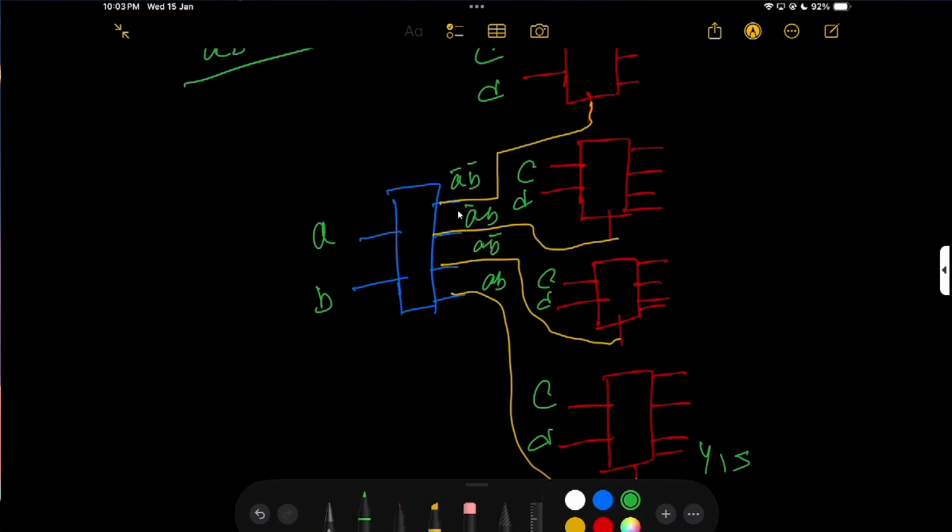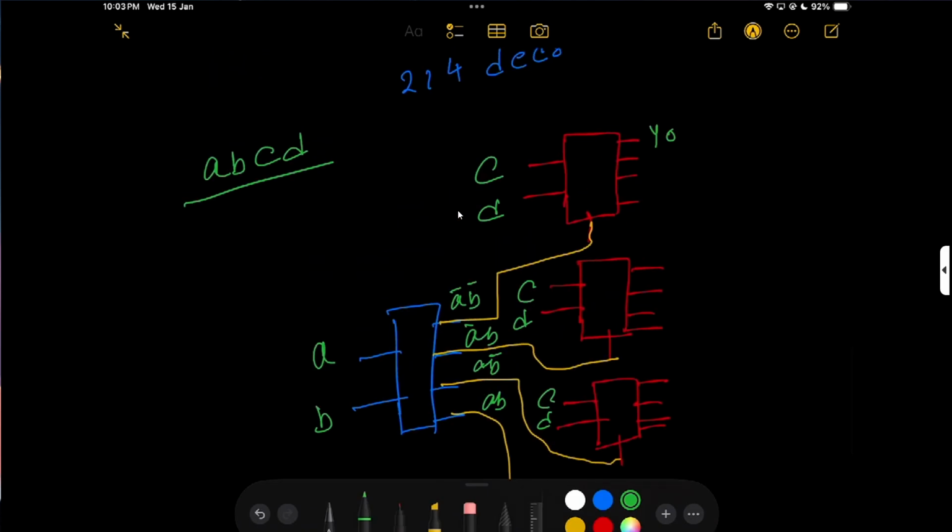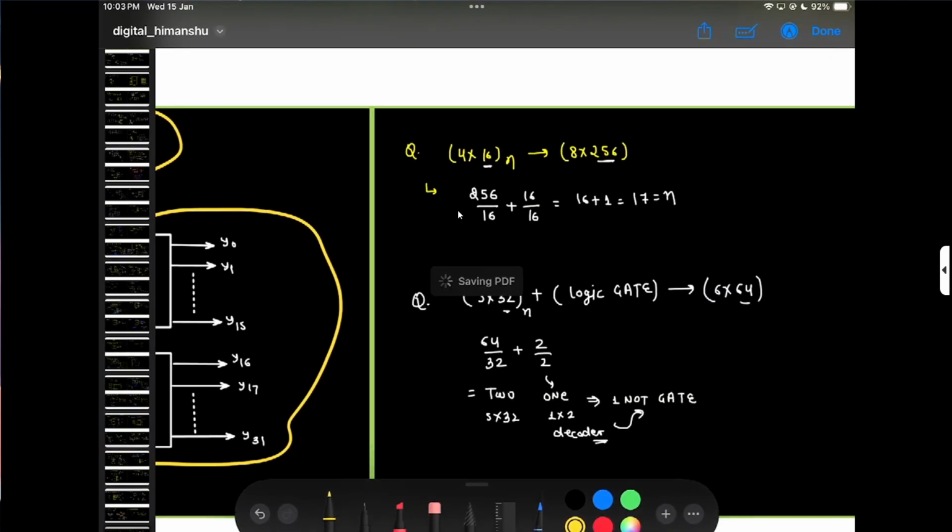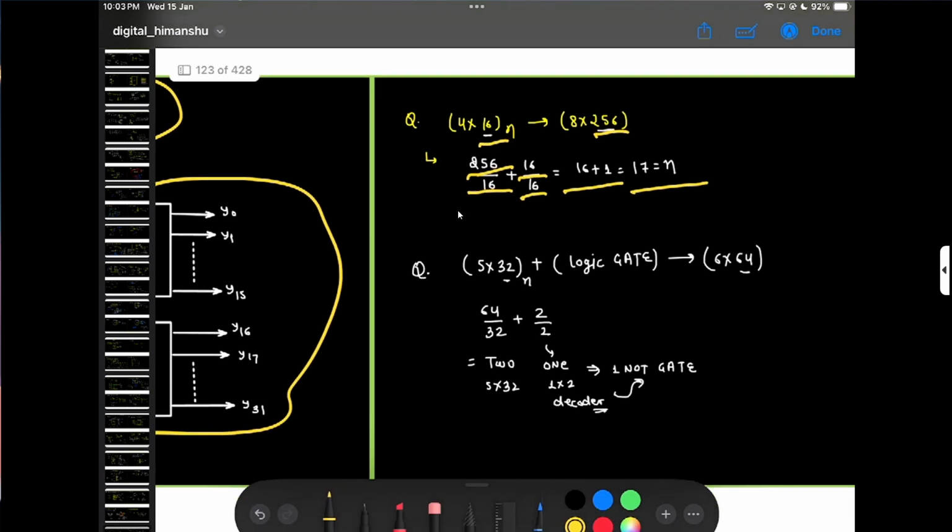So that's the way you can make a big decoder using small decoders. Similarly, an 8 into 256 decoder: we want to make it using 16 by 16 decoders, that is 16, plus 1, so a total of 17 decoders are required.